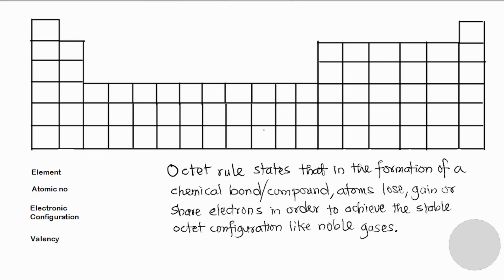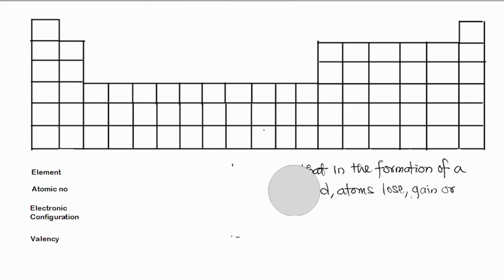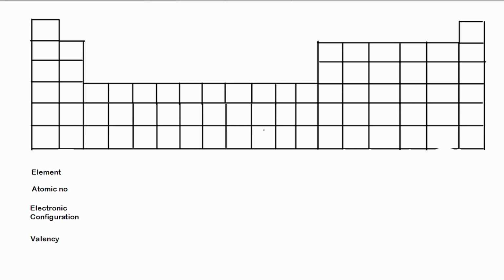Before we explain further what we just said, let's take a look at the first 30 elements of the periodic table. The first element of the periodic table is hydrogen, then followed by helium.